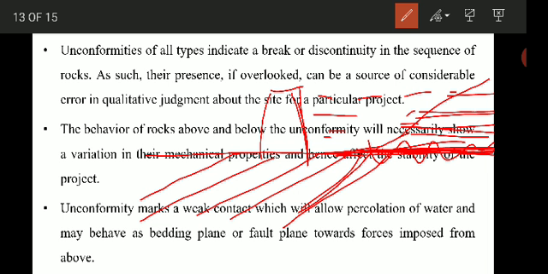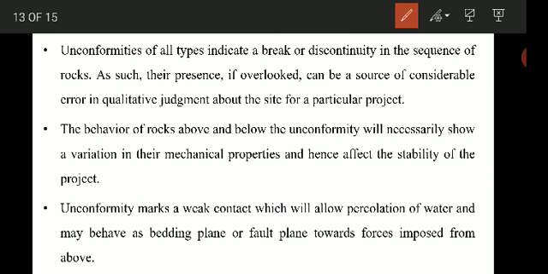This unconformity acts as a weak zone, it is a gap in the sequence. So this type of unconformity may cause water seepage. Whatever water was supposed to be stored in the reservoir area here will start seeping through this gap.